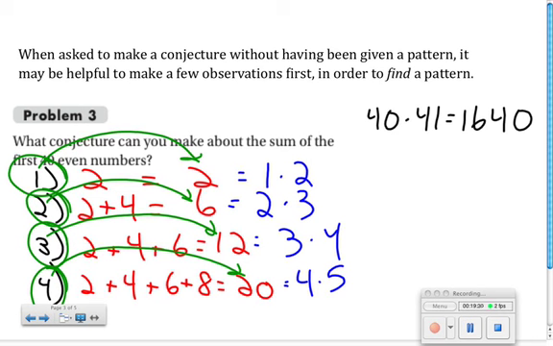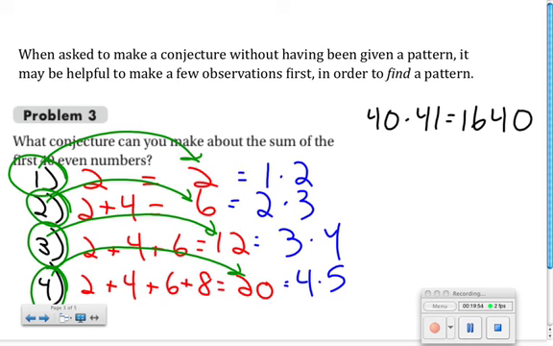Okay, and what was observed is that my first term was the result of taking that number 1 and multiplying it by 2. My second term, the result was that term number times the next. Okay, so those are supposed to equal that number. The 2 times 3 equals the 6. The 1 times 2 equals 2.